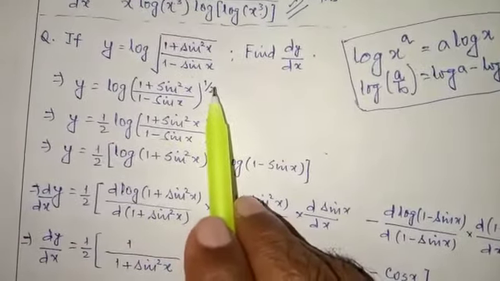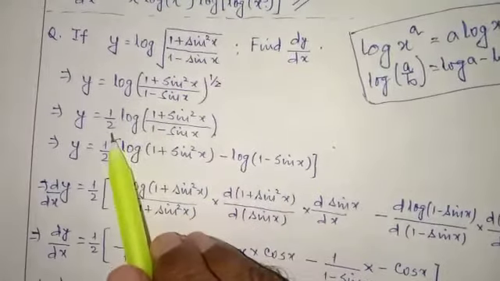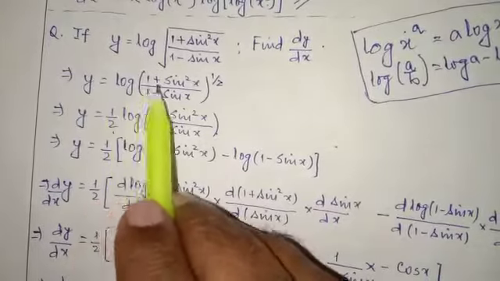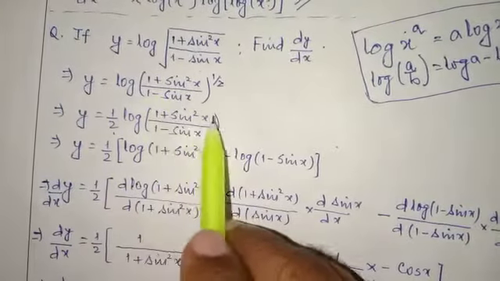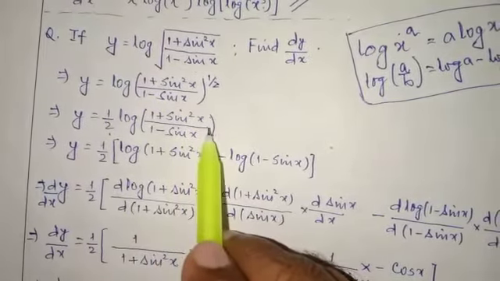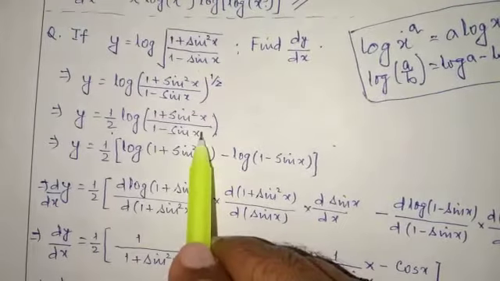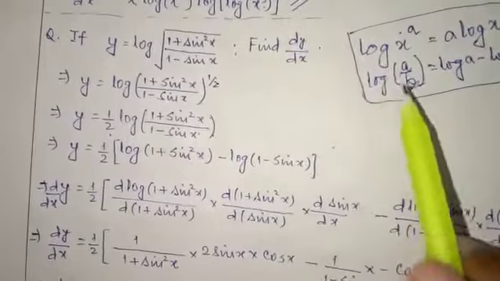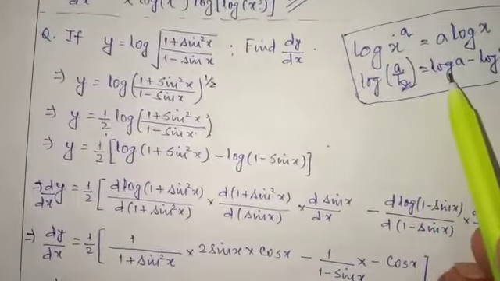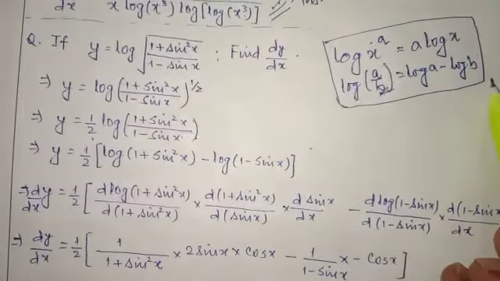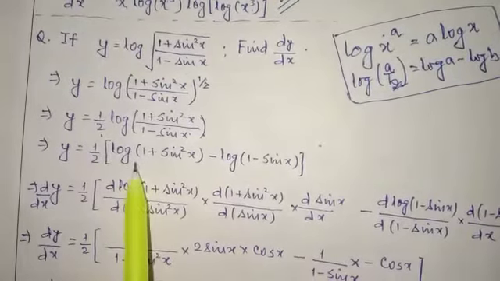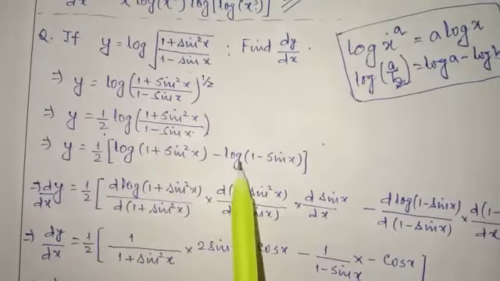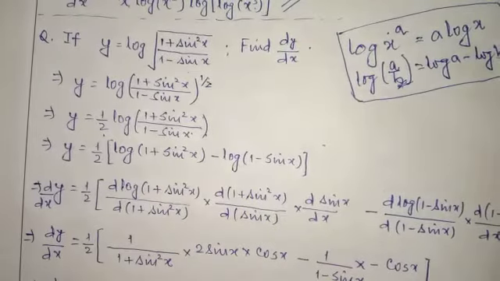That means first the power comes in front. This is by the first property. So 1 by 2 into log of 1 plus sin square x upon 1 minus sin x. Next apply the second one, log a upon b is equal to log a minus log b, that is log 1 plus sin square x minus log 1 minus sin x.